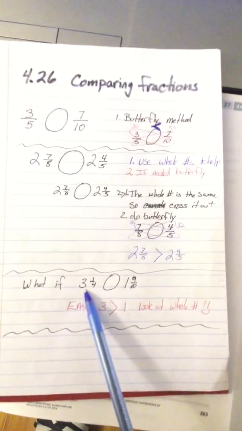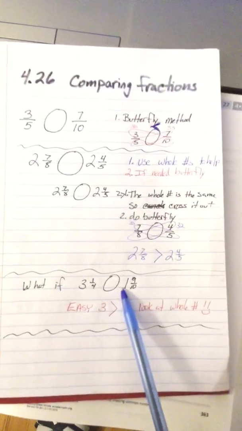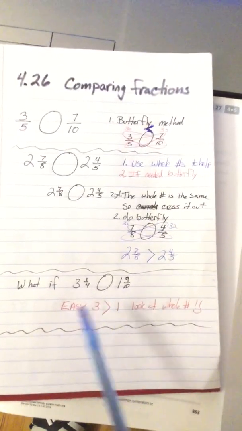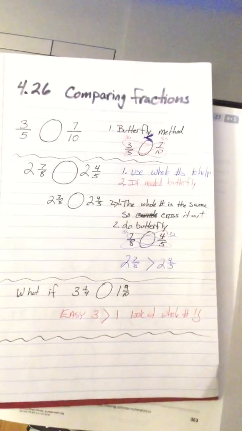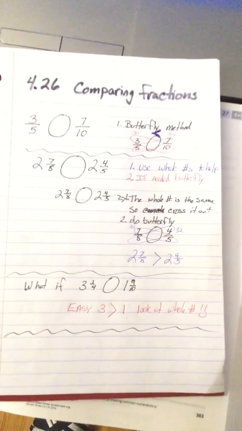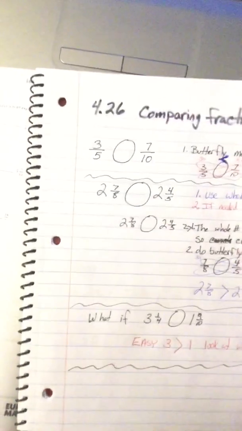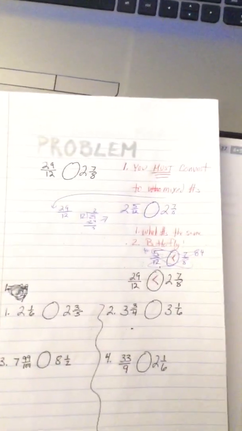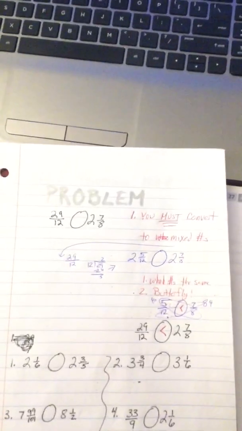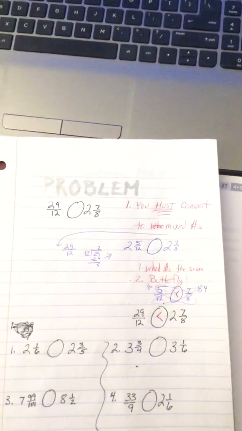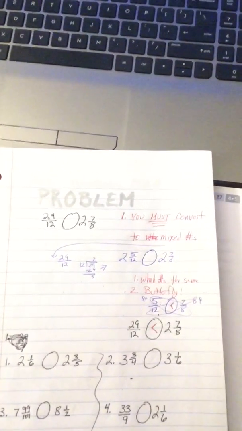We know Paige's has 3 pizzas out. Owen Taylor, he's only got 1. Easy. 3 is greater than 1. Life is easy, right? Cool. Alrighty. Next problem. Get this copied. Pause the YouTube video and copy it down.